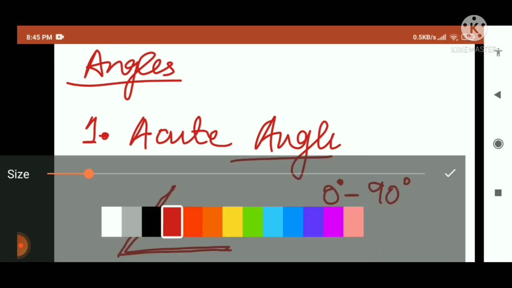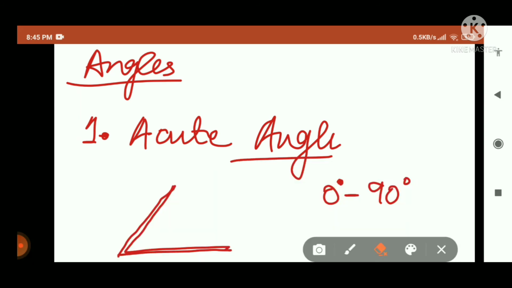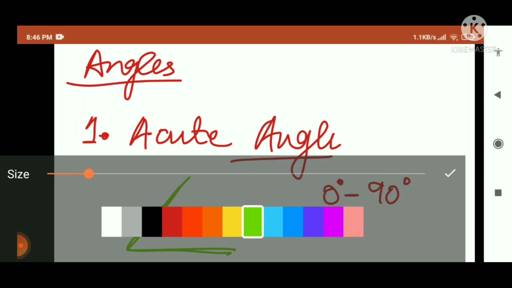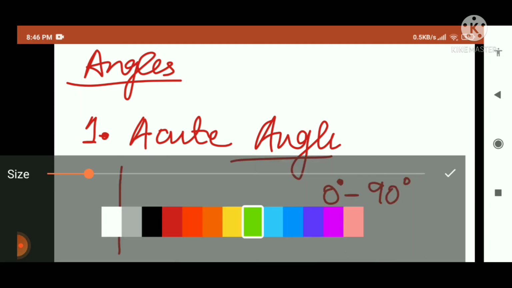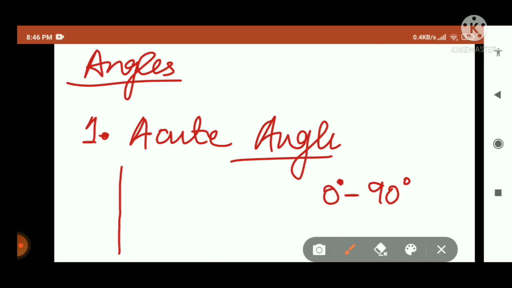So this is the 90 degree line. Just imagine that this is the 90 degree line that I'm drawing over here. Yes, this is the angle, and I am having a line like this. So this is your 90 degree line and I'm going to draw an angle like this.